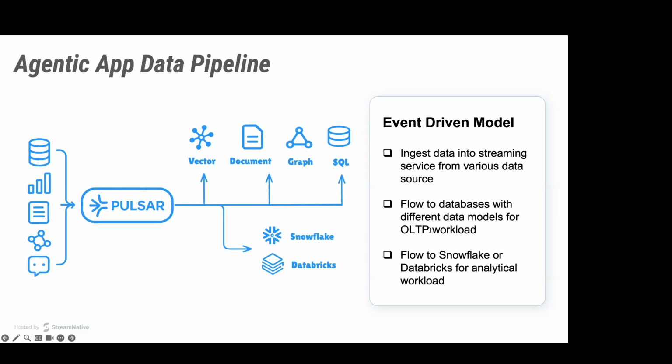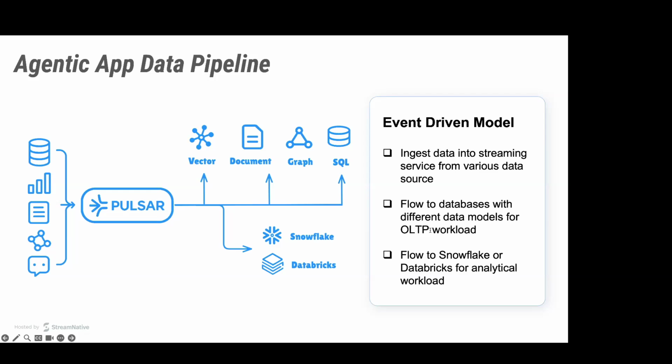And then this data will be consumed by different data models and stored in different places, like DocumentDB to store financial reports, VectorDB for embeddings, SQL for transactions. Note that each consumer of Pulsar needs to handle its own retry logic, and there are no transaction guarantees between the different databases.